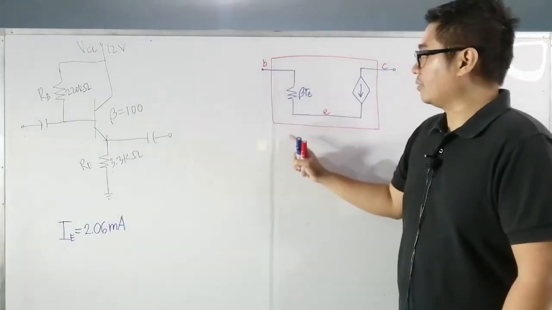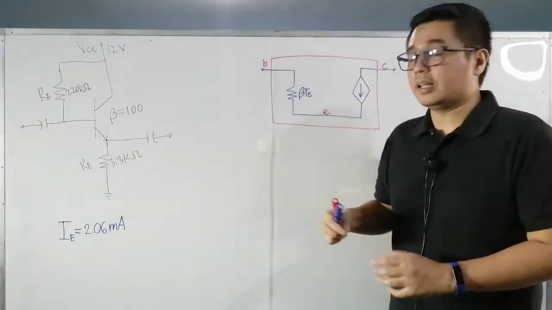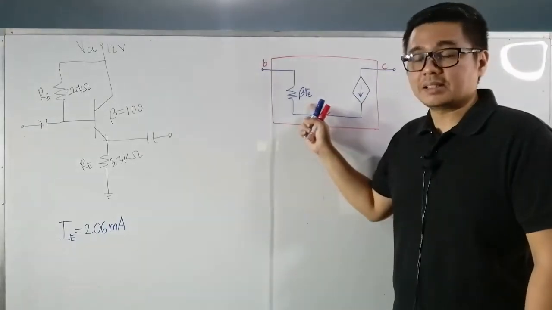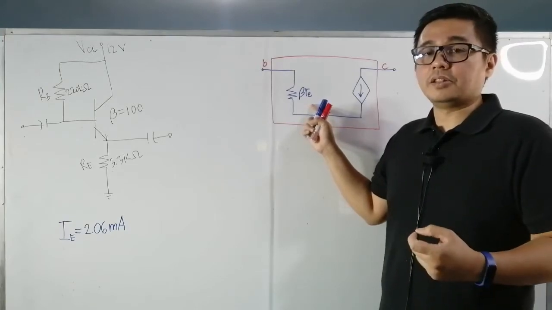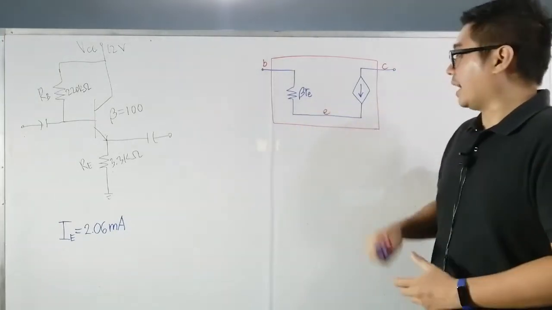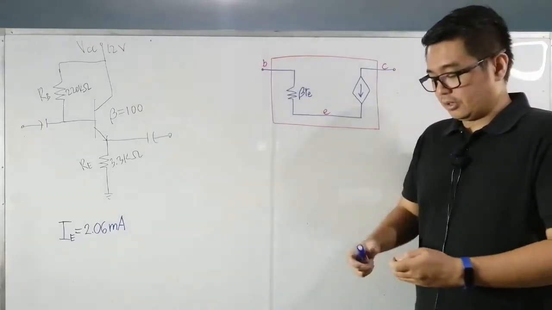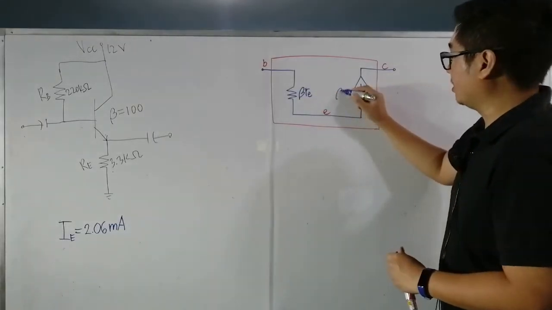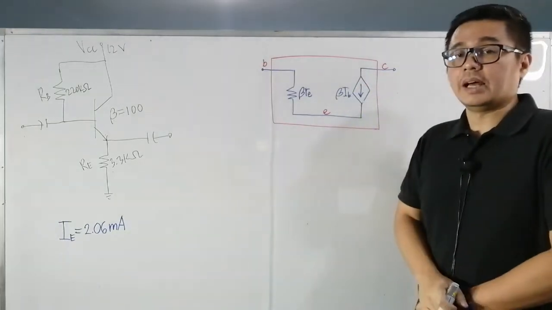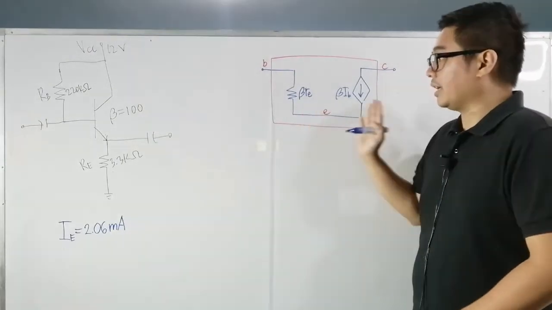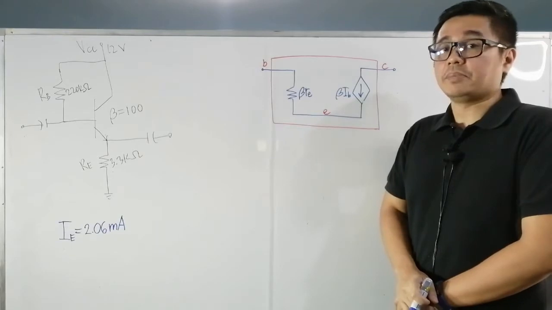For the input side, we have the base terminal and the emitter terminal. So ang nasa pagitan nila is yung resistance na beta RE, which we have derived in our previous video lecture. Sa ating output, we have a dependent current source, which is equal to beta I sub B, which is also equal to I sub C. These are all AC parameters, and ang ginamit ko dito is yung NPN na BJT.